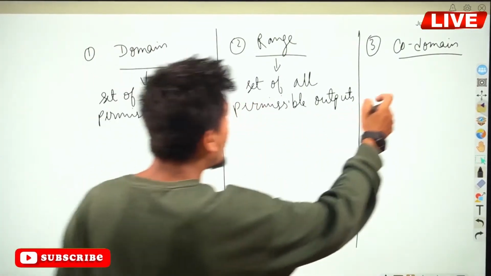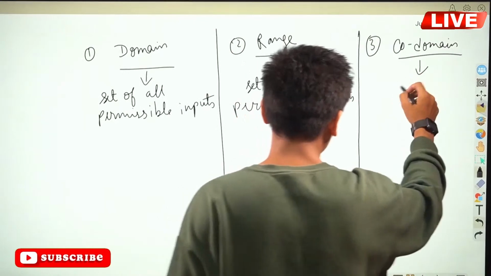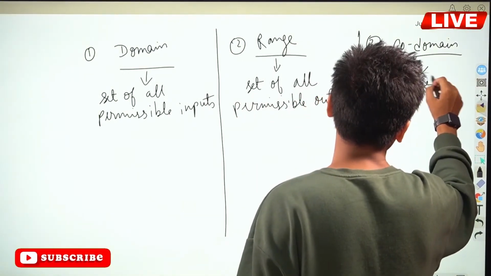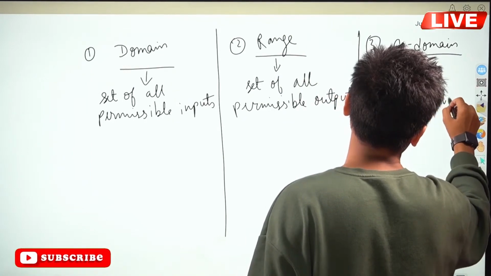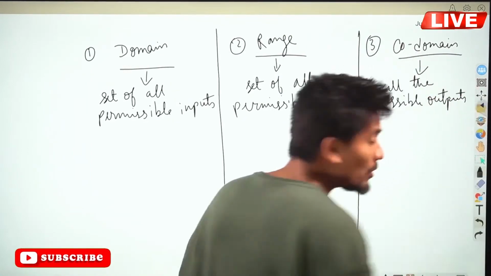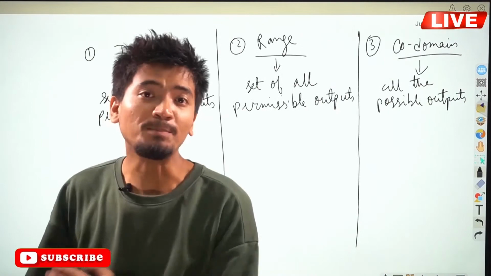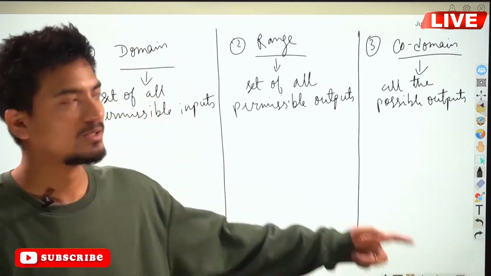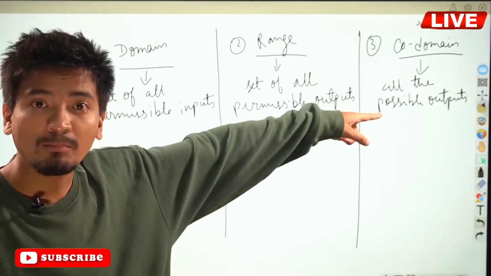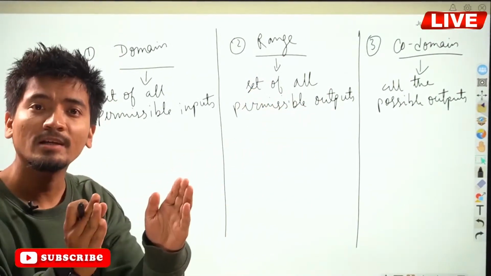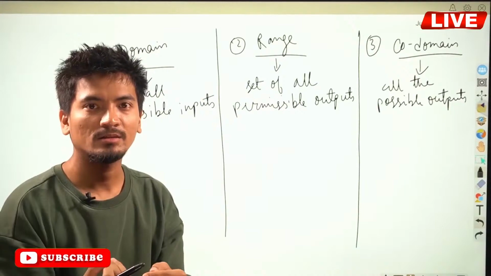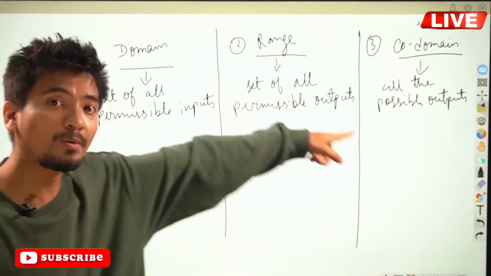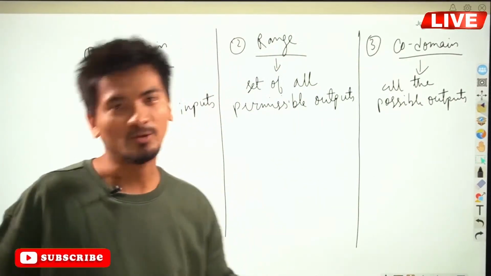Codomain means all the possible outputs. That means whatever outputs it may have, all the outputs, it becomes the codomain. But range means only the inputs we are giving and the outputs we are getting. This is the range. But codomain means all the possible outputs.